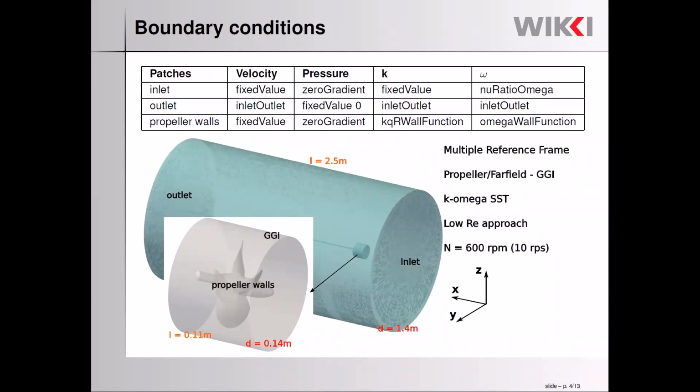And I've been using k-omega SST as a turbulence model. The propeller spins quite fast for ships. It's 10 revolutions per second, but it's a model case, so this is expected. And as I said, I've been using multiple reference frame to model rotation.